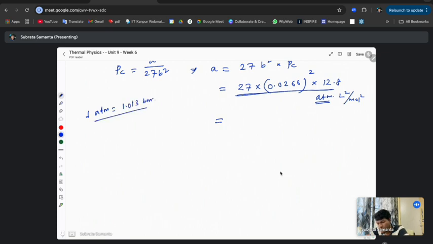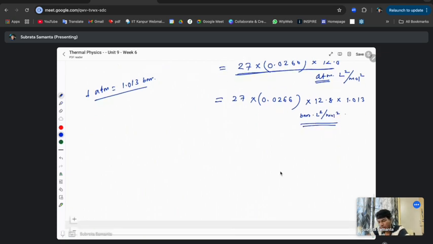So this is 27 times 0.0266 square times 12.8 times 1.013, which is bar liter square over mole square. So this is important if you convert atm to bar.